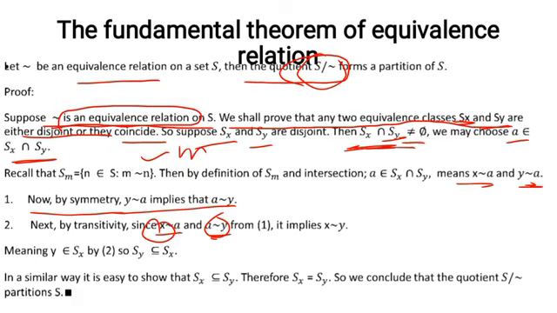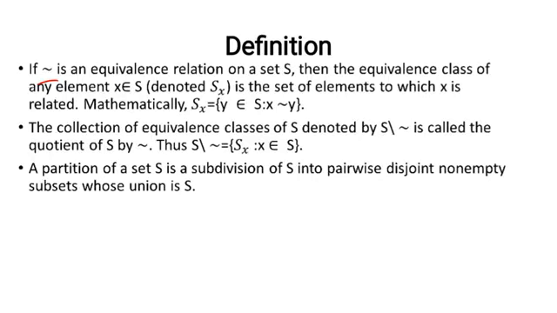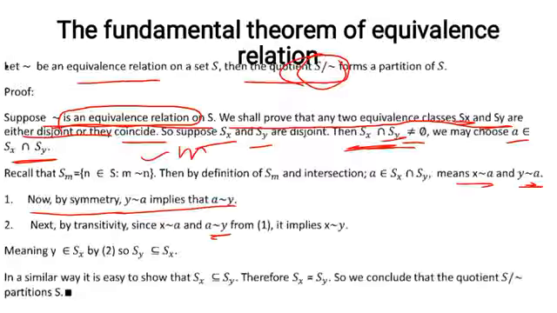If X is related to Y, it means that X and Y are related somehow, and see it here, it means that Y lies in Sx by 2. So automatically, we're proving that Sy is contained in Sx.